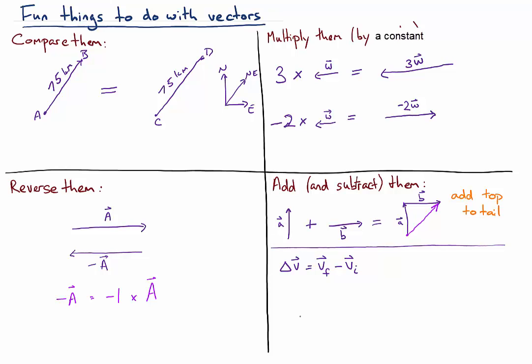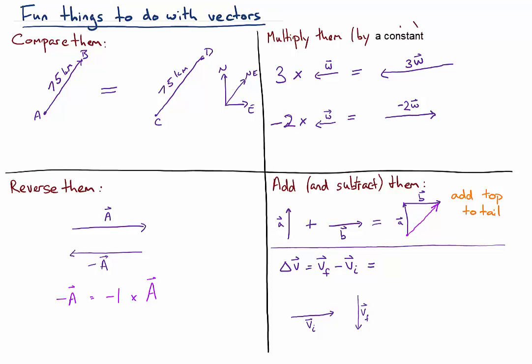So let's draw that in arrows. Say our initial velocity was this way, to the right, VI. And our final velocity was going down the page, VF. So I want to find out VF minus VI.